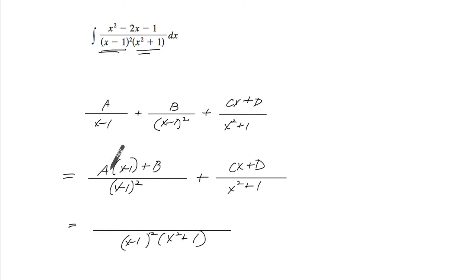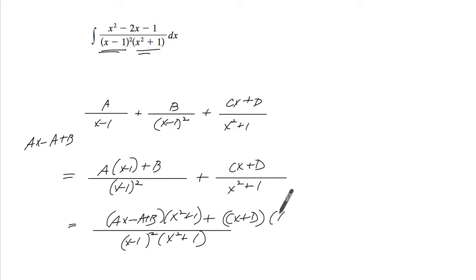So this right here will simplify to Ax minus A plus B. That will have to be multiplied by x squared plus 1. And the Cx plus D needs to be multiplied by all of x minus 1 squared.